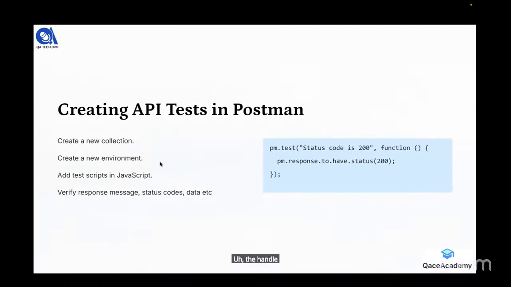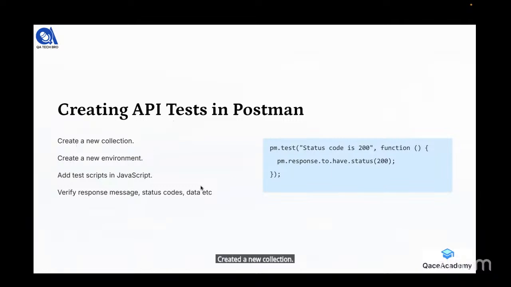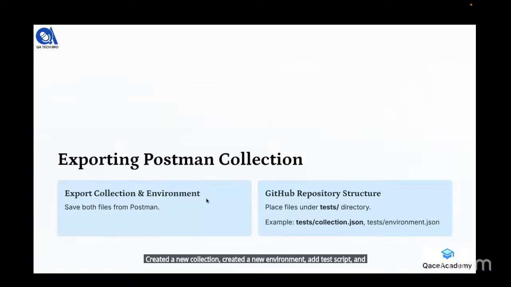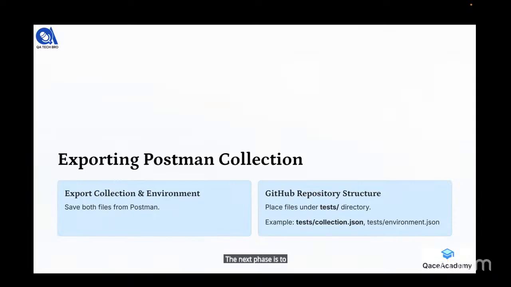So yes, we've been able to create an API test in Postman, created a new collection, created a new environment, added a test script, and verified the response message. Moving on, now that we've been able to run our test on Postman, the next phase is to run our test locally using Newman.